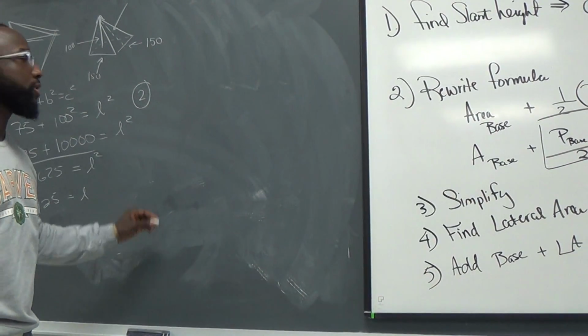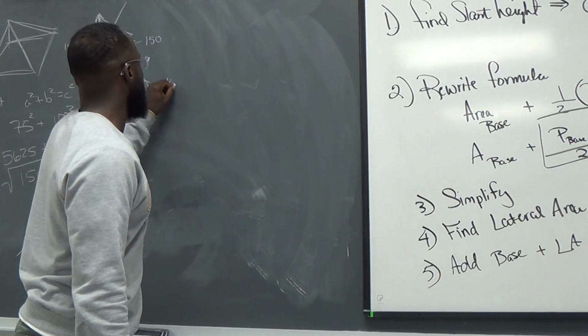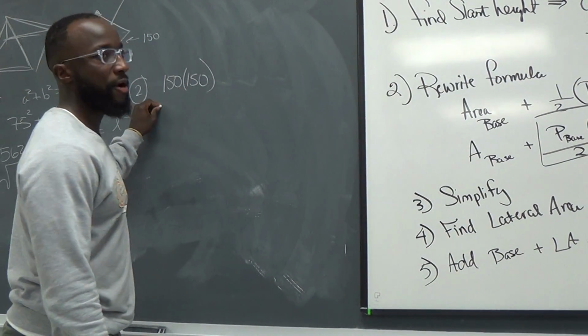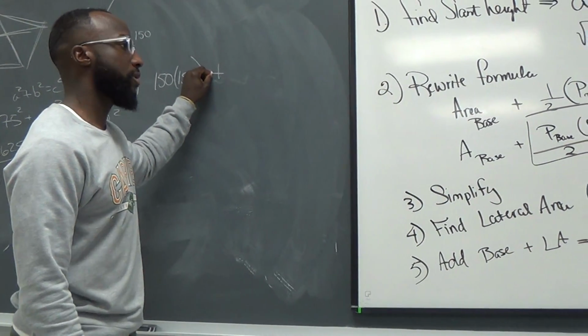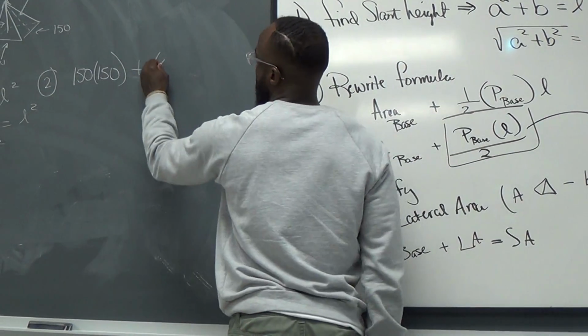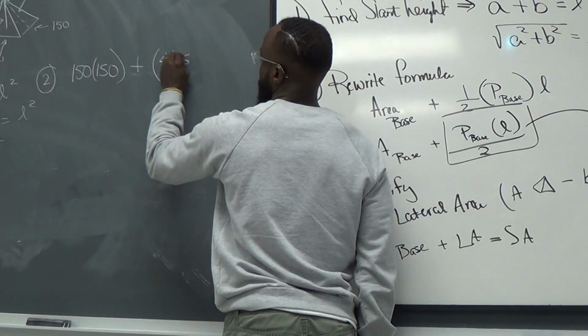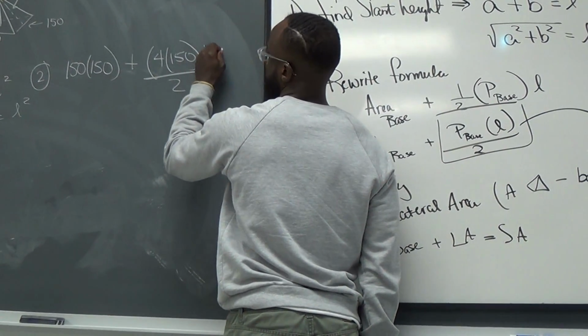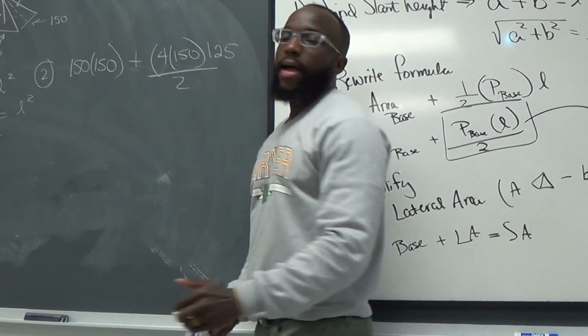I need your help in this problem. So, you got 150 times 150. Area of the base plus the perimeter of the base, which would be 4 times 150 over 2 times 125. Ask questions.